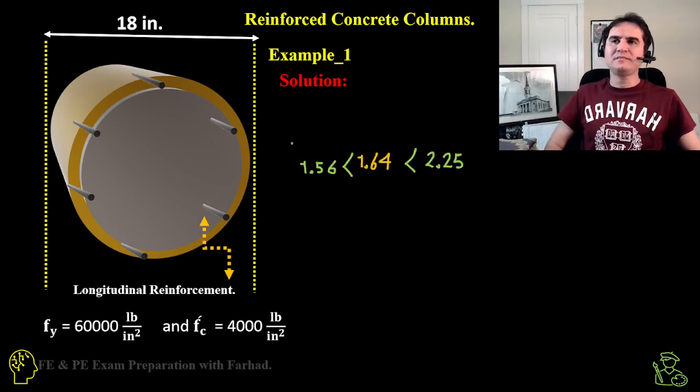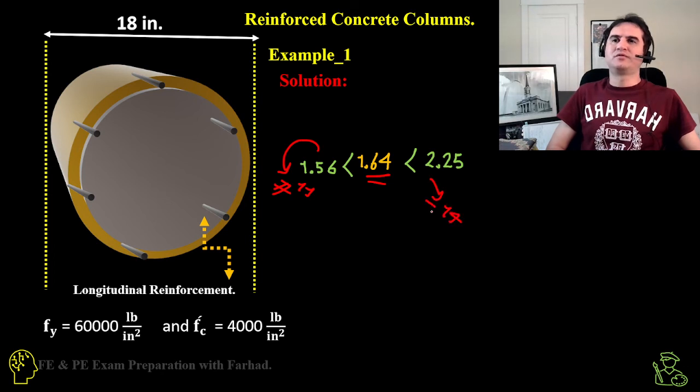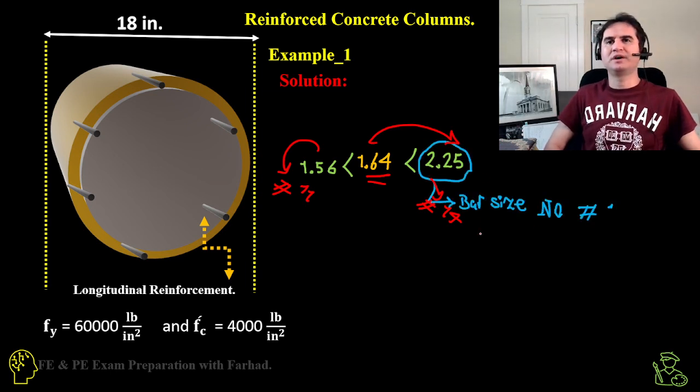If you look at the table for bar sizes, this is between number 11 and number 14 bars, which are the available bar sizes in the market. This is closer to 11, but in terms of design, we are interested in decreasing the stress, so we choose to go with the higher area.